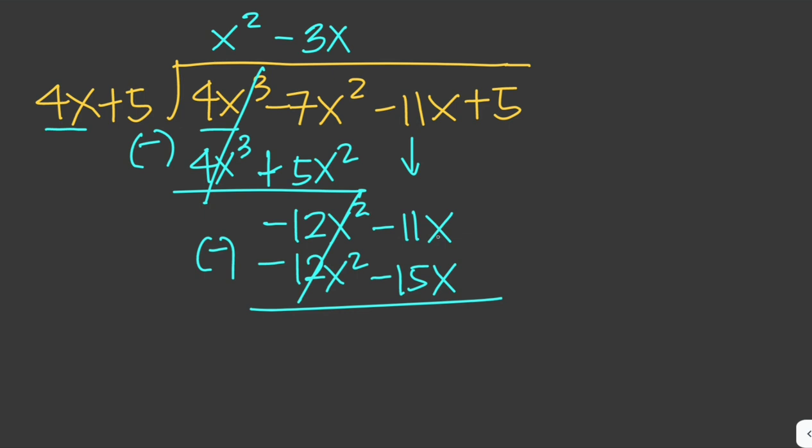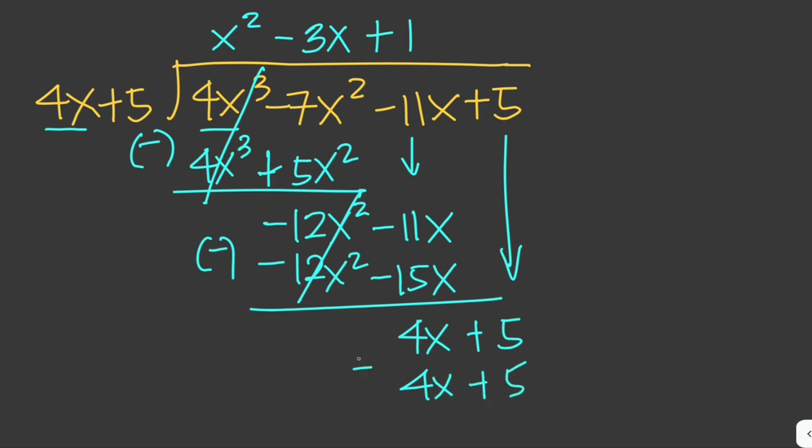And then negative 11x minus negative 15x is a positive 4x. Then we bring down 5, so plus 5. And we divide 4x plus 5 by 4x plus 5, which is equal to 1. Then 1 times 4x plus 5. Then we subtract. This is equal to 0.